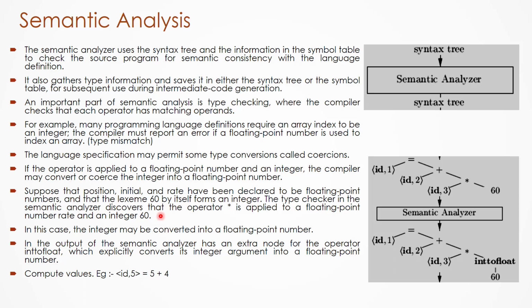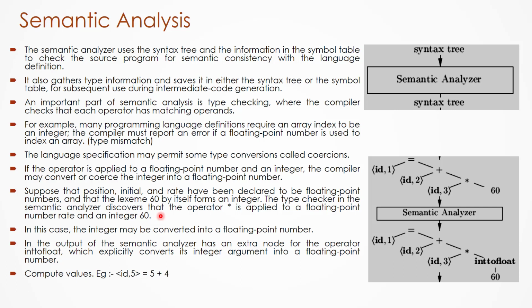You just imagine position, initial, rate all are floating point numbers and we are multiplying that rate with integer 60. Here we have only 60. There is nothing like 60.00. So 60 alone we consider it as an integer.